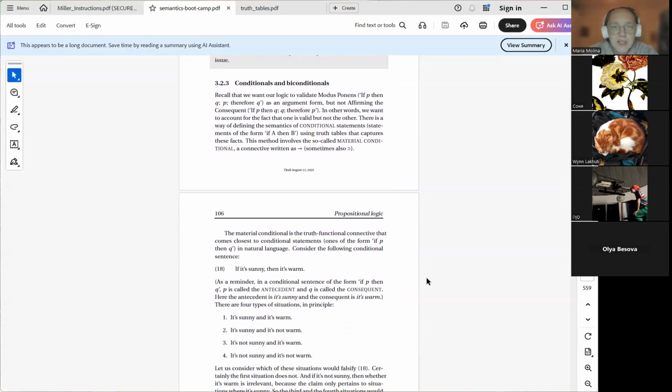So we have conditional statements. If A, then B in every language. And we can present the meaning, the semantics of it, using truth tables.